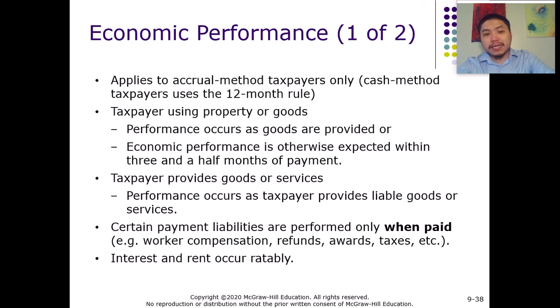So in that case, the economic performance only occurs when the taxpayers actually fulfill that liability, right? Fulfill those services that they are due to do. So again, there still has to be some actual performance, actual economic substance that has happened.